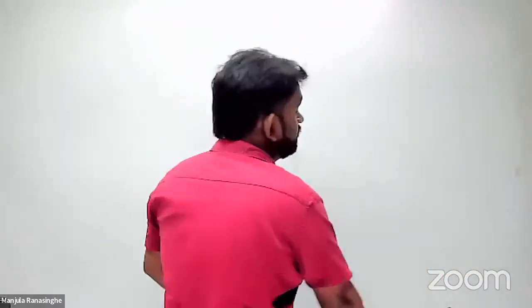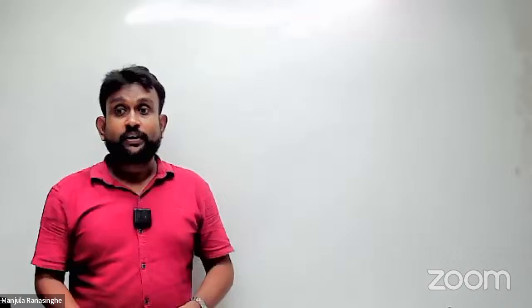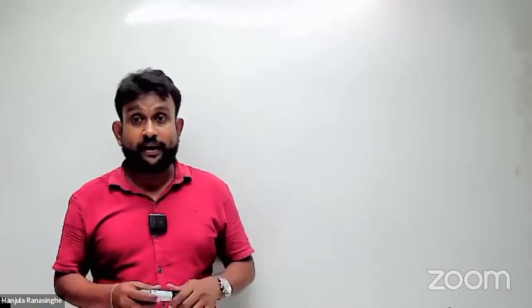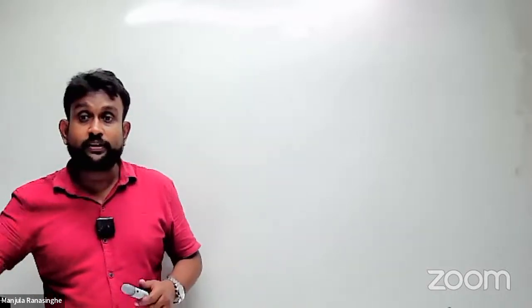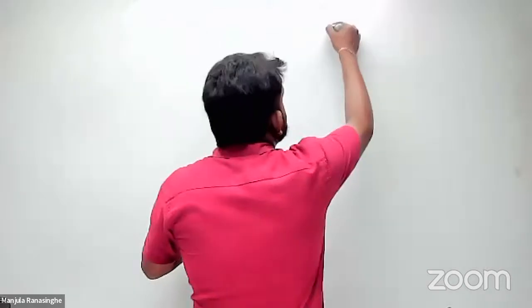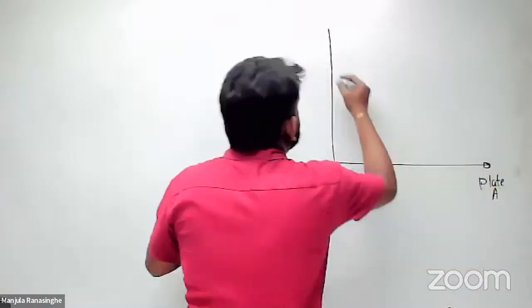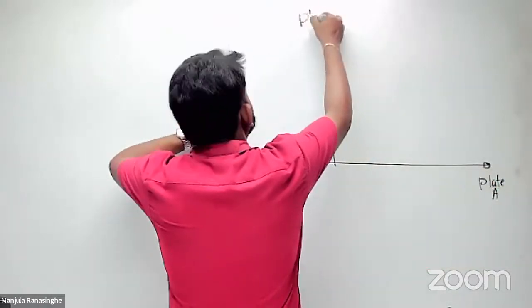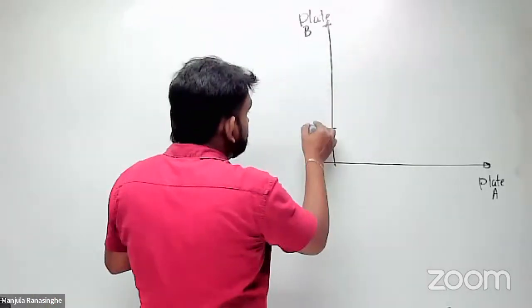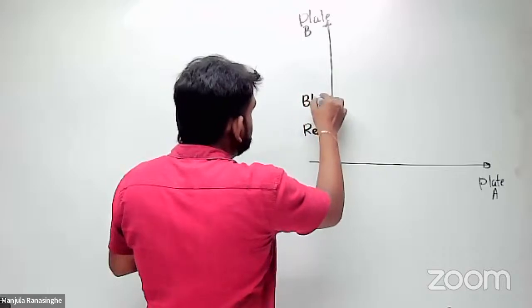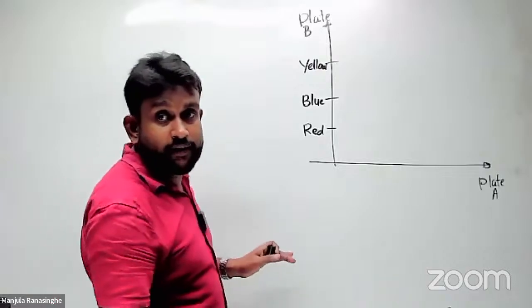Here it is given that two rotatable plates are given for a game, making the color stop at the head by rotating the plates simultaneously. Now this is plate A and plate B. Here plate A and here plate B. Here red, blue, yellow, and here we have red, red, blue, yellow.